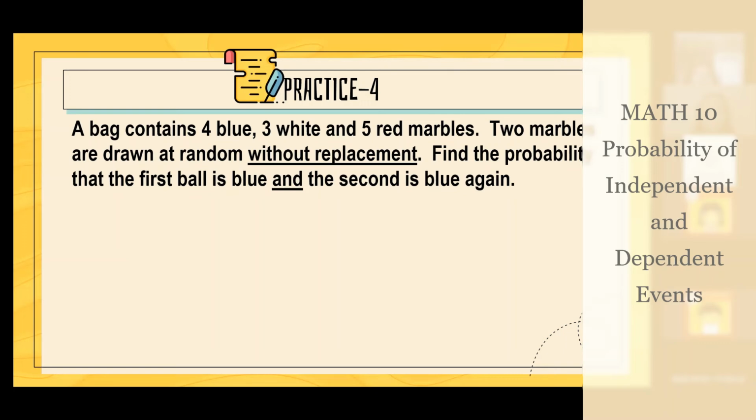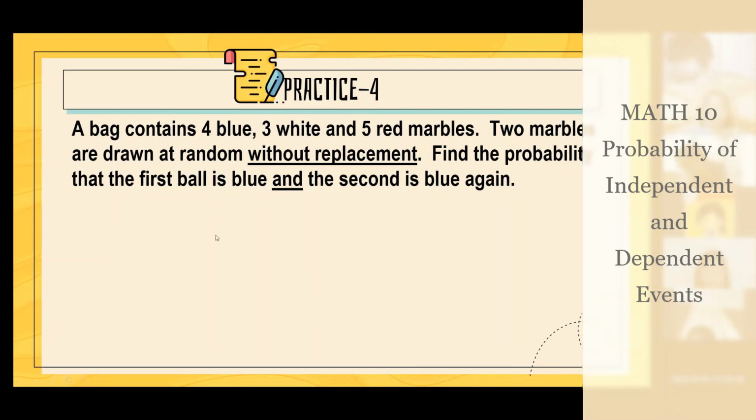Is it 4 over 11 still? Take note, both blue. The first ball is blue and the second is blue again. Let me ask Sophia, what are the two fractions that you multiplied? 4 over 12 and 3 over 11. Okay, 4 over 12 and 3 over 11.